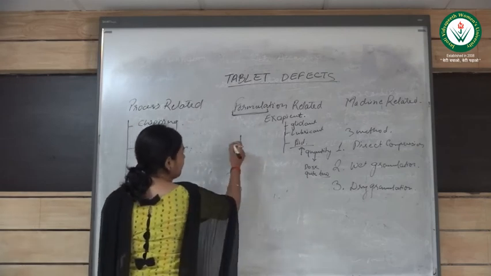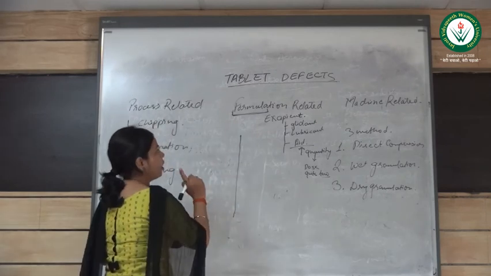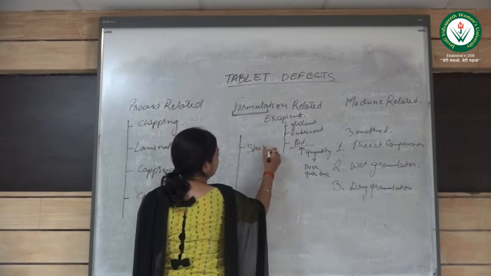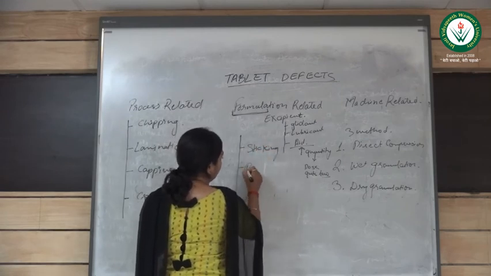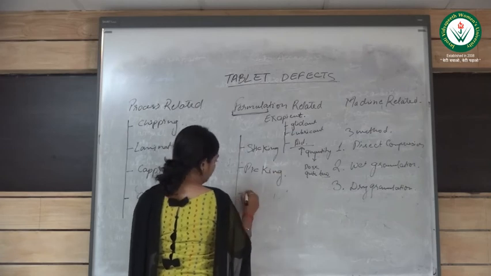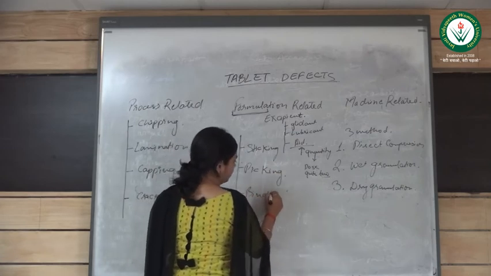And the types of defects included in formulation related tablet defects are sticking, picking, and binding.